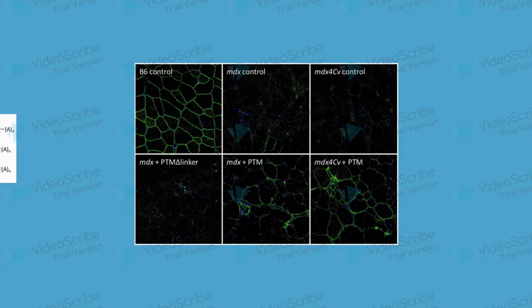The third with a mutation in a different portion of the dystrophin gene. The bottom two, MDX plus PTM and MDX4CV plus PTM, then show what happens when they are supplemented with that second transcript. You then see the visualization of dystrophin showing that the product is actually functional.